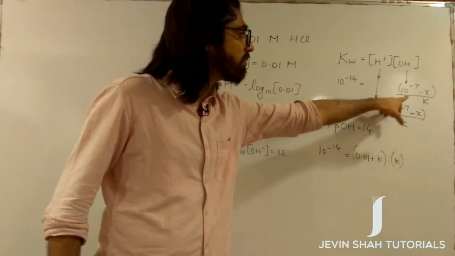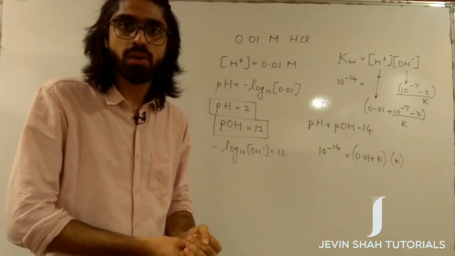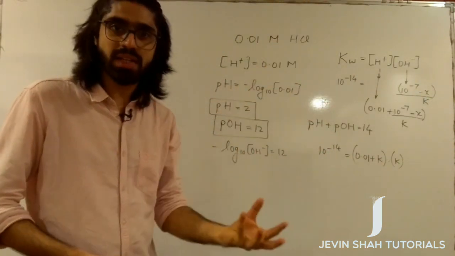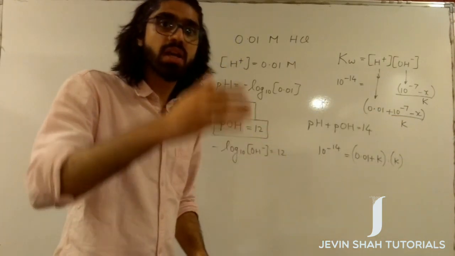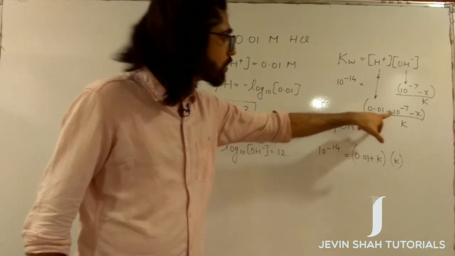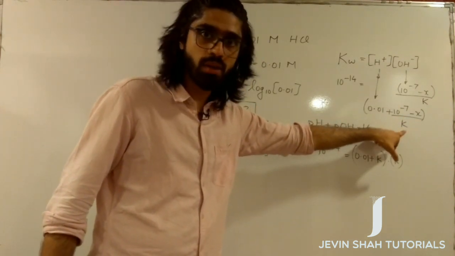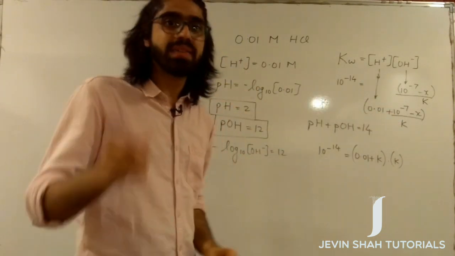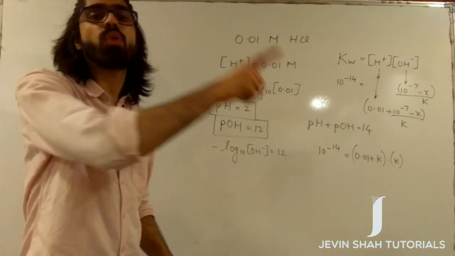So 10 to the power minus 7 minus X will be a little smaller than 10 power minus 7. Now this number K is smaller than 10 power minus 7, and 10 power minus 7 itself is much smaller than 0.01. So this number K, which is already smaller than 10 power minus 7, and 10 power minus 7 which was way smaller than 0.01, tells us that the number K will be much smaller than 0.01.